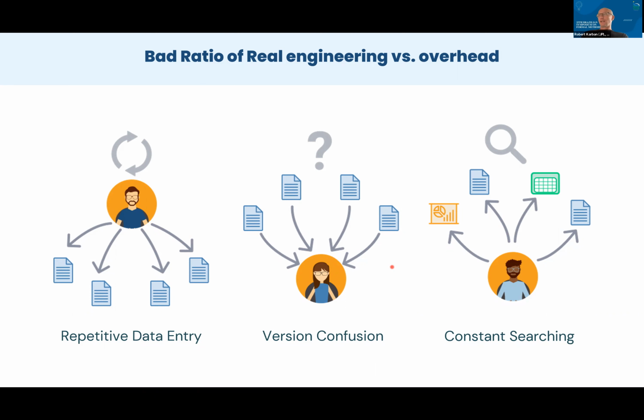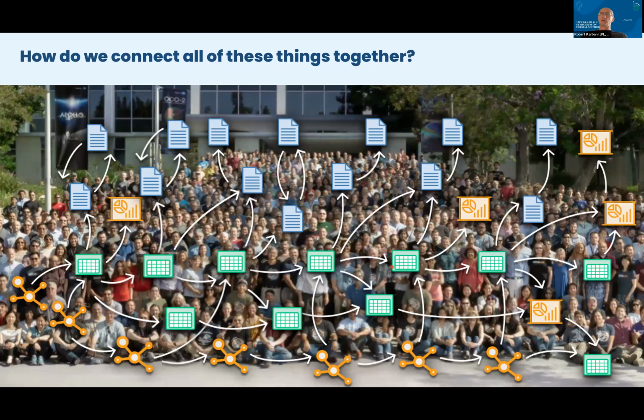Where is that piece of information that I need to make my design decision? So how do we connect all those things together? That's the big question we are working on and the vision that I'm going to present in this talk.